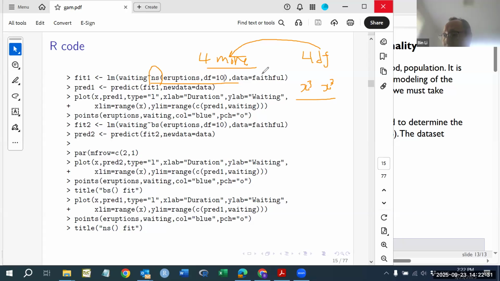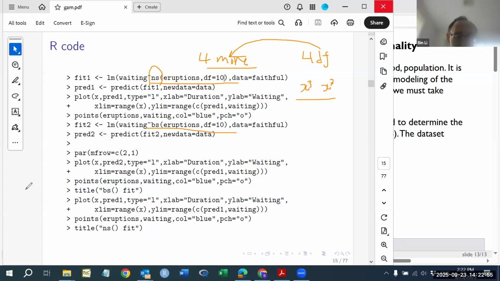Does that make sense? But the B-spline does not have that constraint that it goes linear beyond the boundary. It still goes as a cubic spline outside the boundary. So that's why it has 4 fewer interior knots.